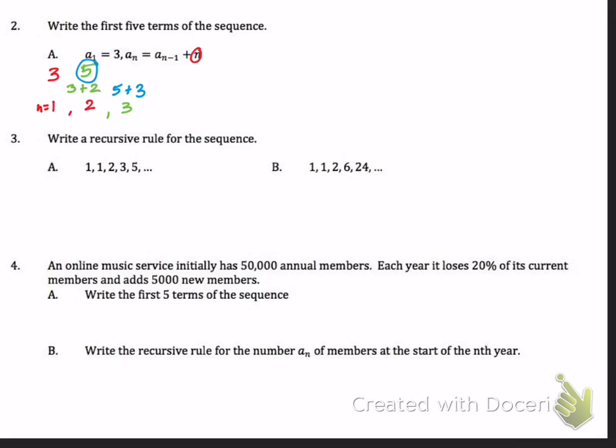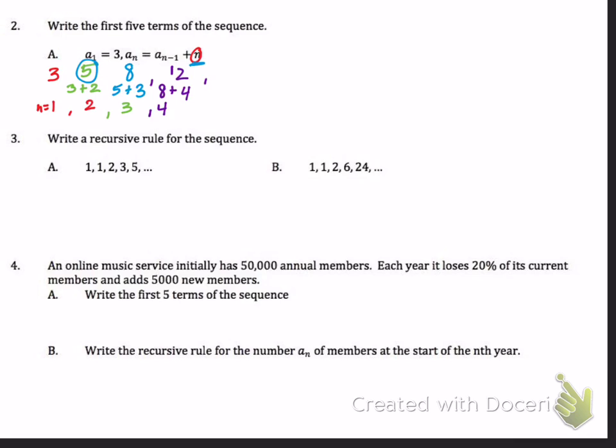Because I'm adding my n every single time. So my n is changing. My second term I'm adding 2. My third term I'm adding 3. My fourth term I'm adding 4. Fifth term I'm adding 5. So my third would be 8. Then my fourth term would be 8 plus what? 4, which would give me 12.